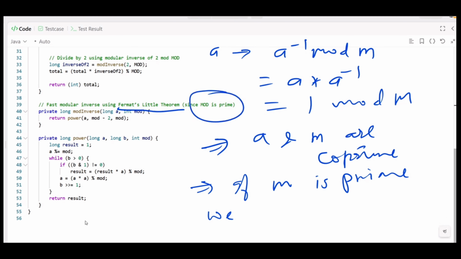Since the mod is prime, m is prime here, then we have to use this modular formula. I hope you understand. If the mod is, let's suppose, 10 to the power 9 plus 7, and this is a prime, then we have to use Fermat's little theorem.